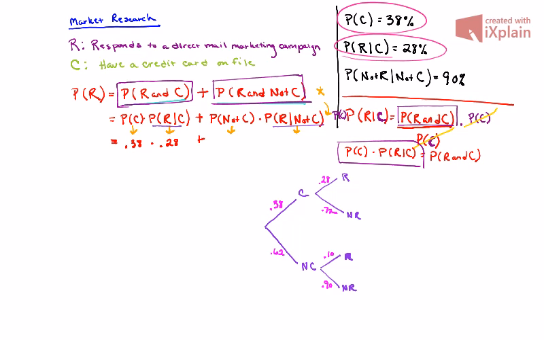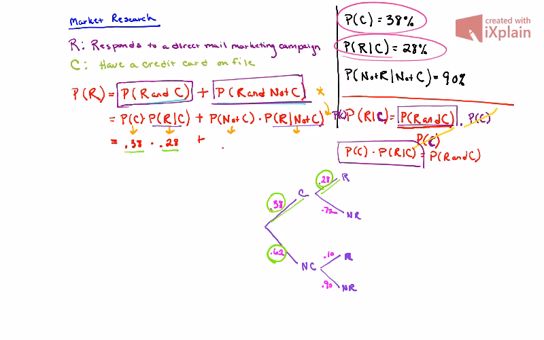Okay. So I know what the probability is of having a credit card, and that's 38%, and I've actually already noted it here. The probability of responding given that you have the credit card is 28%. So that's what I'm going to put there. The probability of not having a credit card, that's going to be 62%.